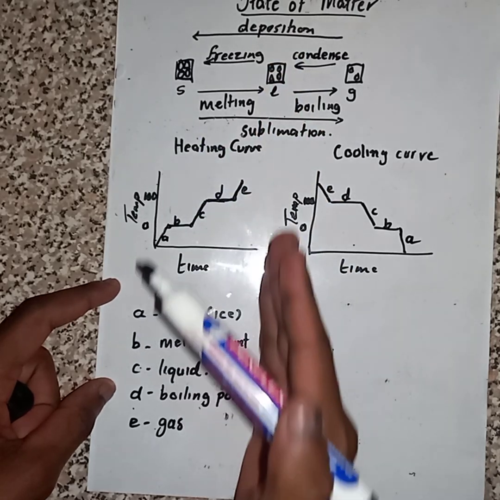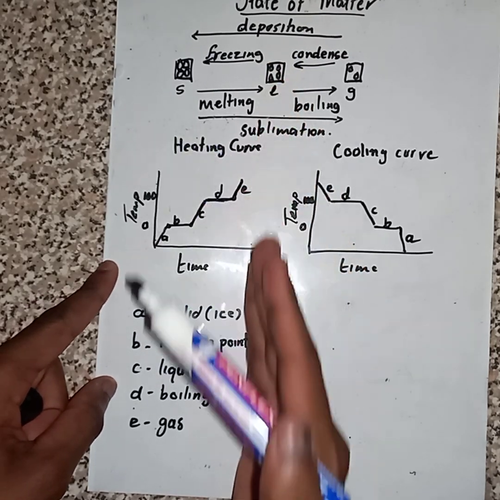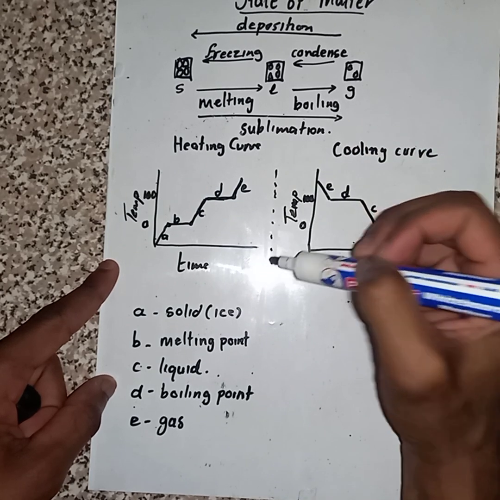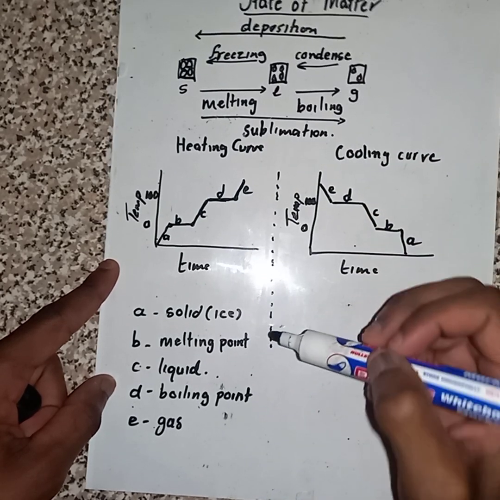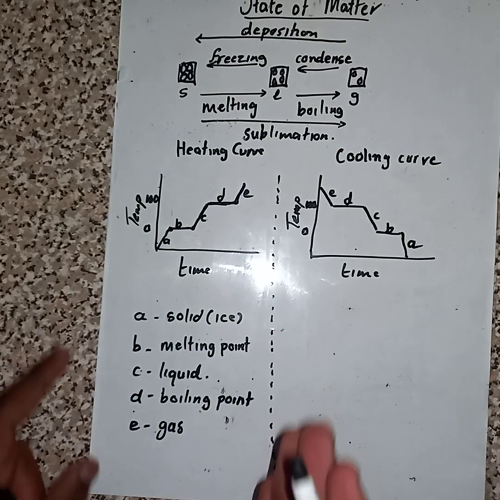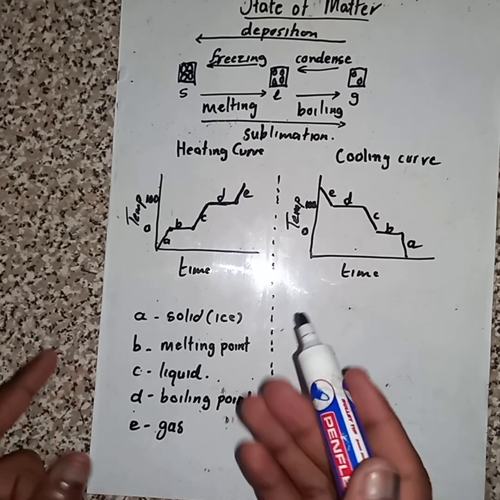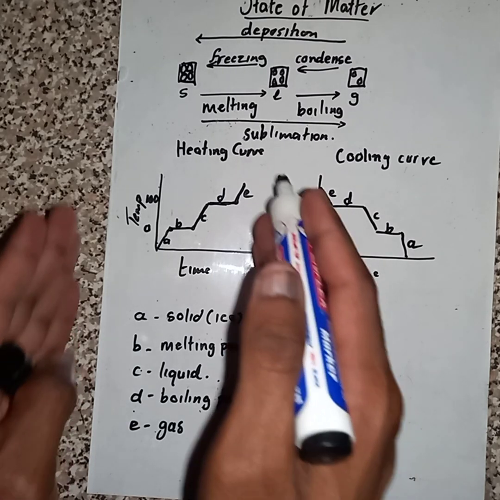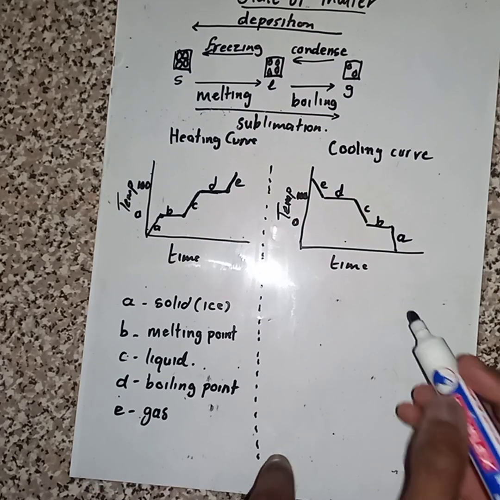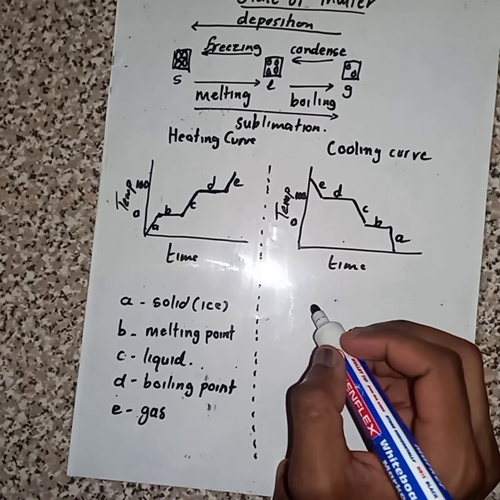Now I'm still looking at this diagram, a heating curve. Let me draw some dotted lines like this. Then this is the scenario for what? For heating curve. Then let us move to this one now.